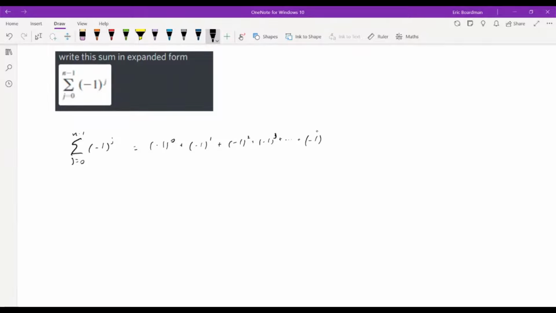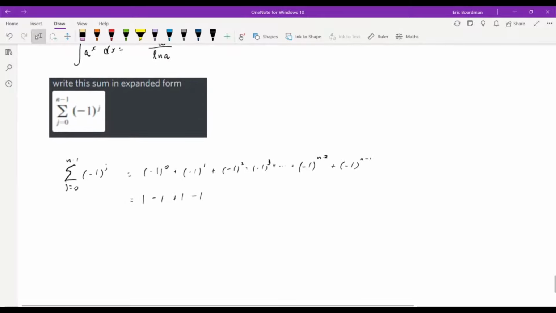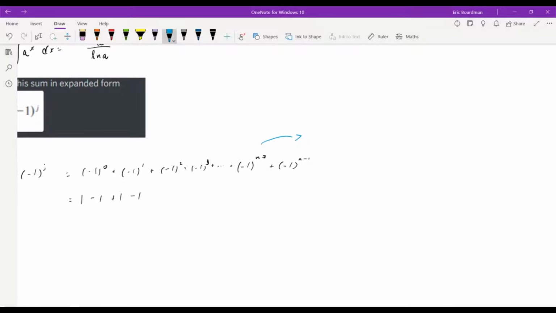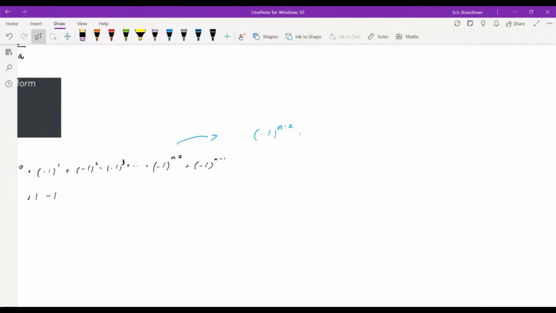Plus -1 to the power of n minus 1, or I'll do n minus 2 plus -1 to the power of n minus 1. So first few terms we have 1 minus 1 plus 1 minus 1, and then here if we have, I'll choose this for an example, -1 to the power of n minus 2, oh, never mind.